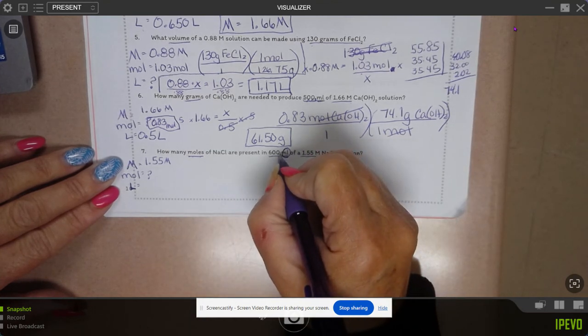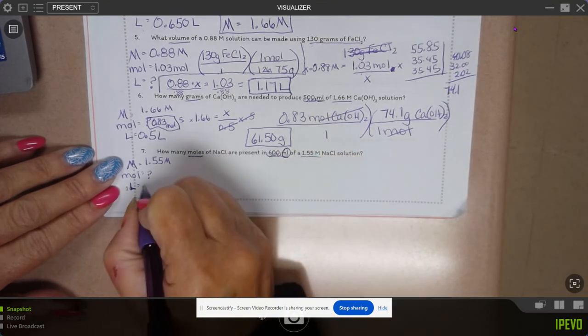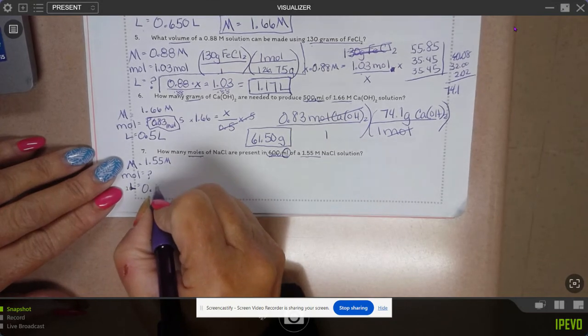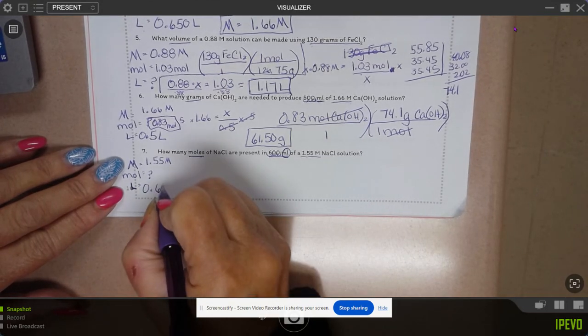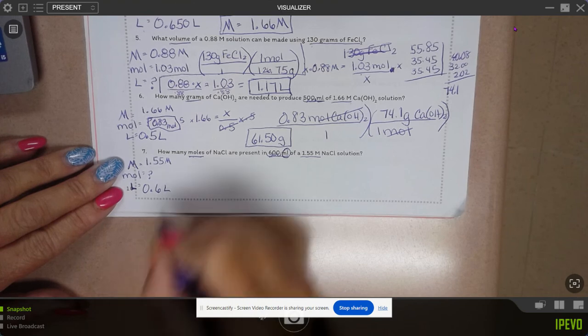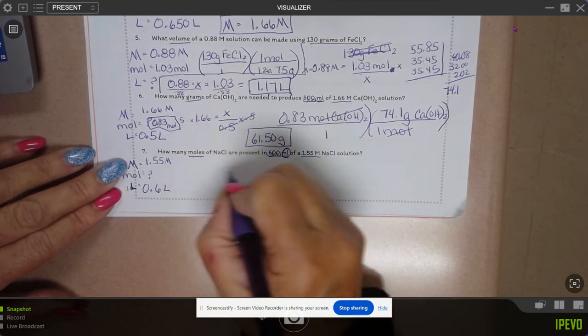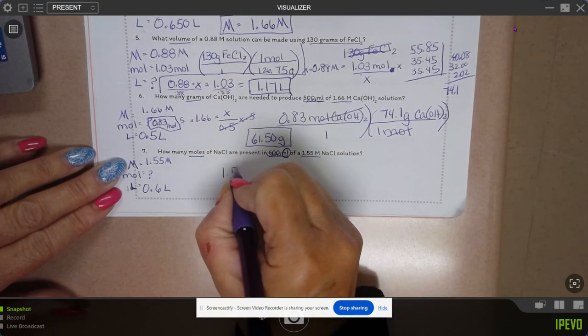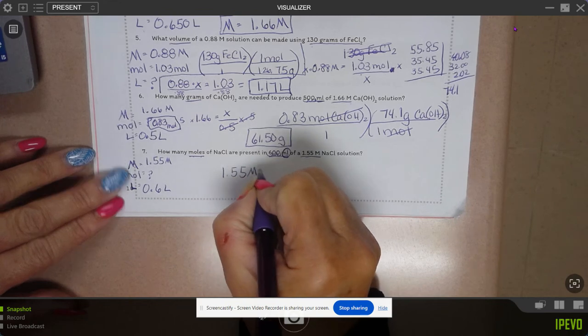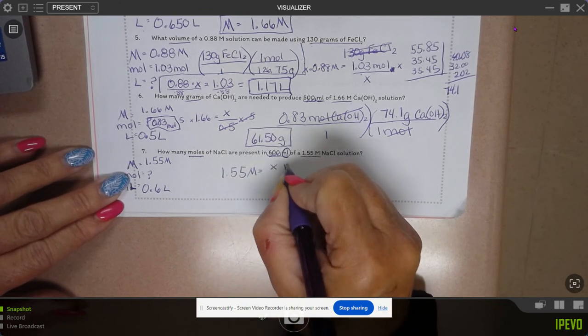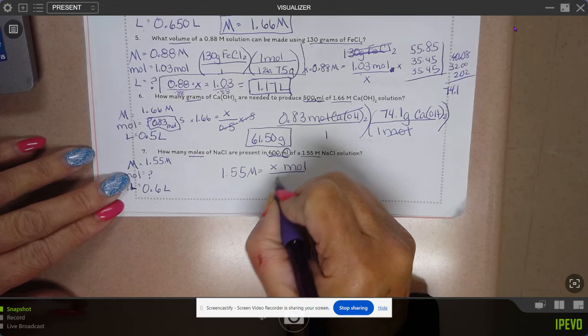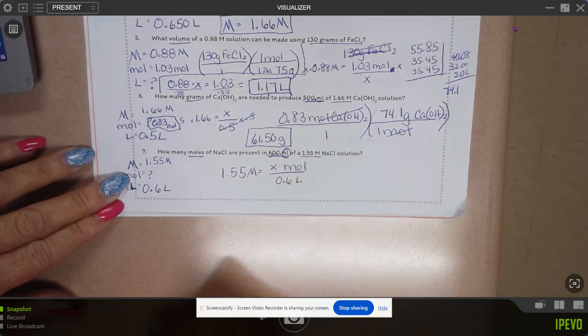So I'm going to move my decimal place 1, 2, 3. So my volume, my liters, is 0.6. All right, so this one's pretty straightforward. We can just plug this into our equation. 1.55 is equal to X moles over 0.6 liters.